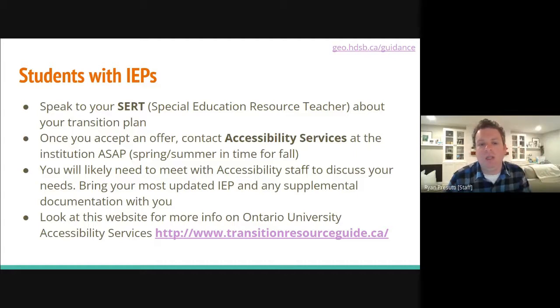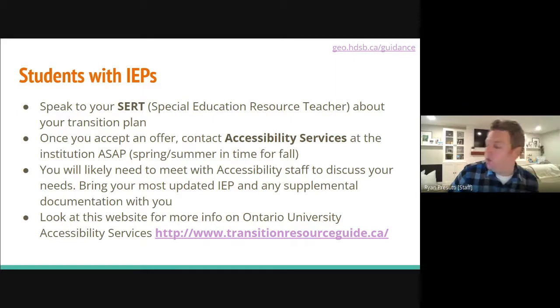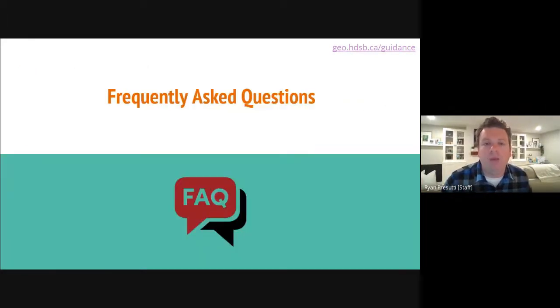But any other documentation that you have, certainly send with your student when they go for their appointment. The best website for this would be transitionresourceguide.ca. And that website has collated all the accessibility service contact information across all colleges and universities across the province.